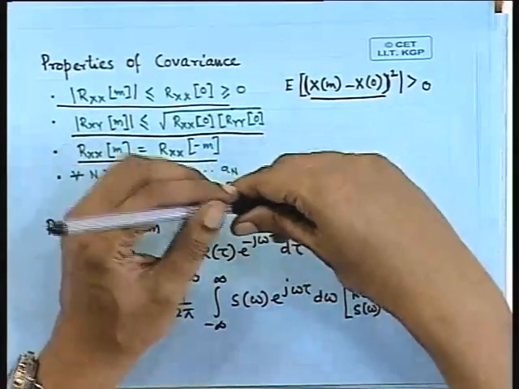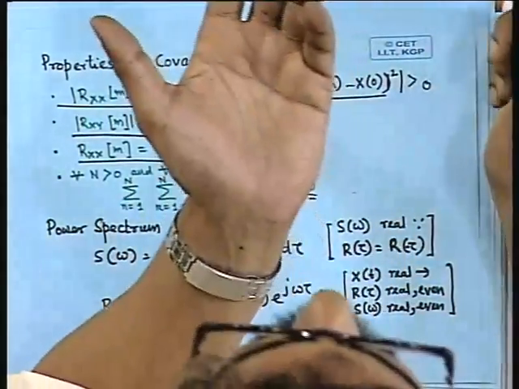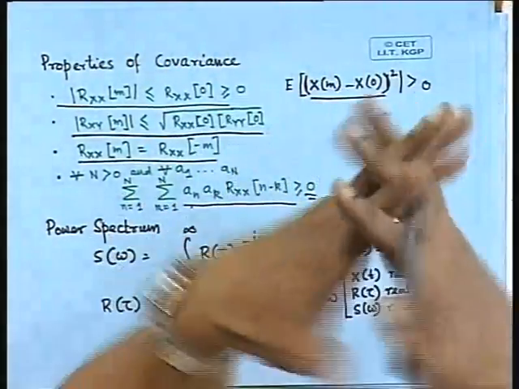Now you see, remember that with linear systems, we are always talking in terms of frequencies. Hardly do we really talk about time. Why? Because our algebra becomes so simple. One of the abiding reasons is that evaluating a convolution integral is not a joke.